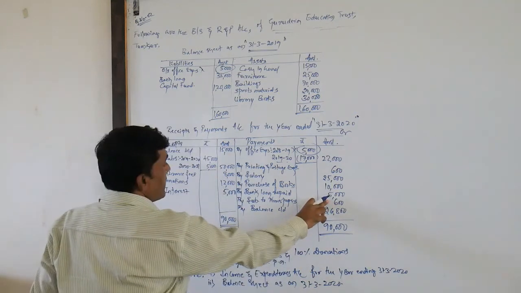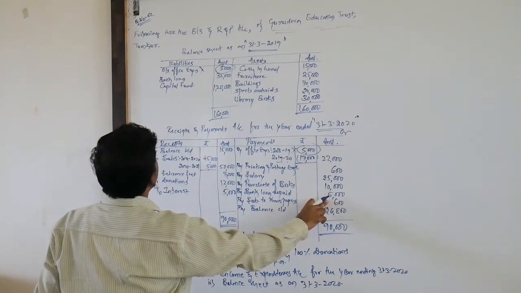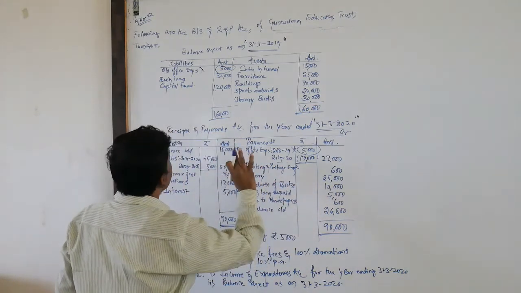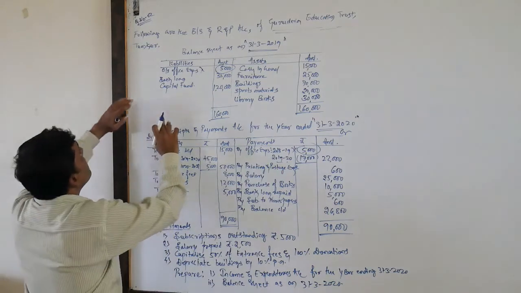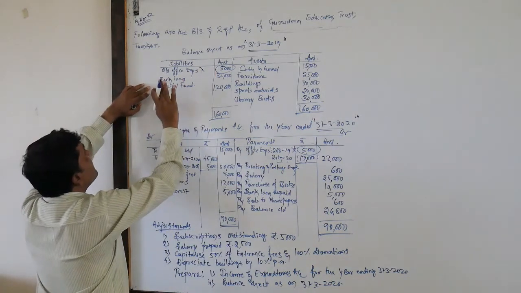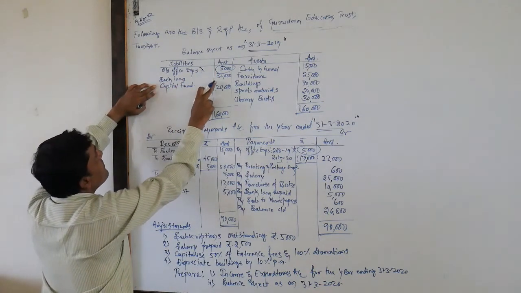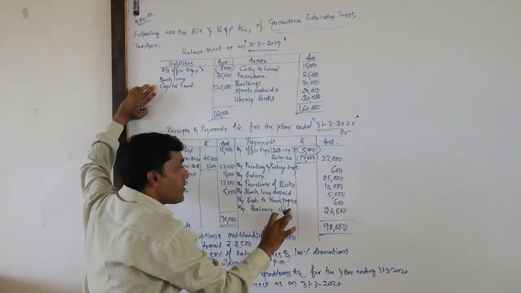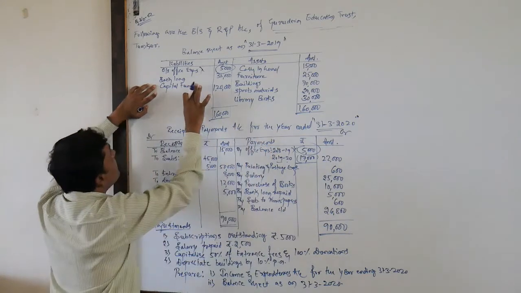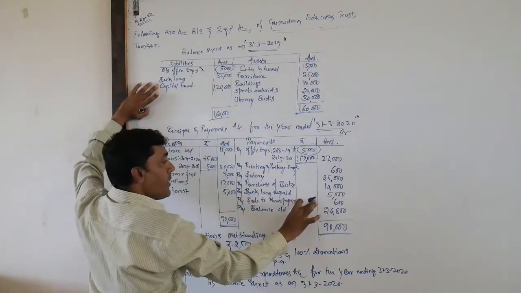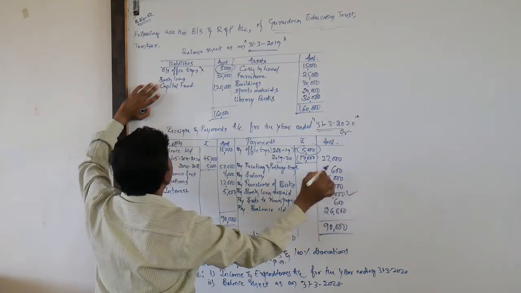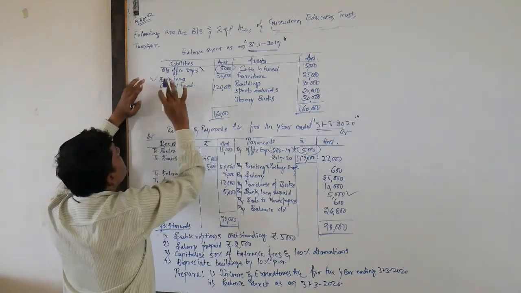Dear students, here there is a linkage between the last year balance sheet and the present year receipts and payments account. On the liability side of the previous year balance sheet, bank loan was rupees 35,000, out of which we have paid rupees 5,000. So it is directly related to this amount.